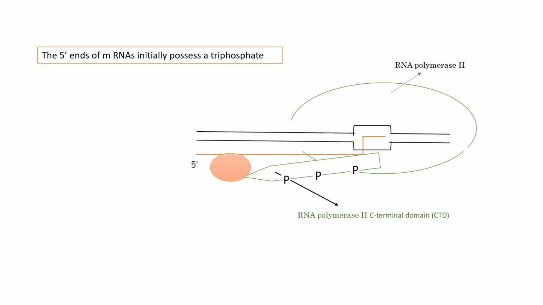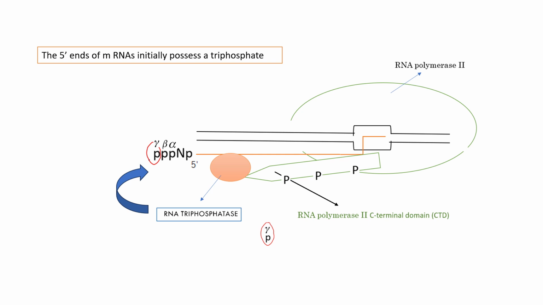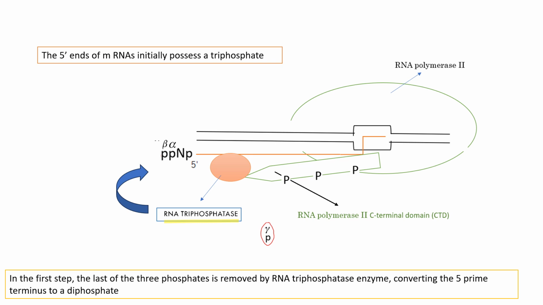The 5' end of the mRNA initially possesses a triphosphate. In the first step, the last of the 3 phosphates is removed by the enzyme RNA triphosphatase, converting the 5' terminus to a diphosphate.